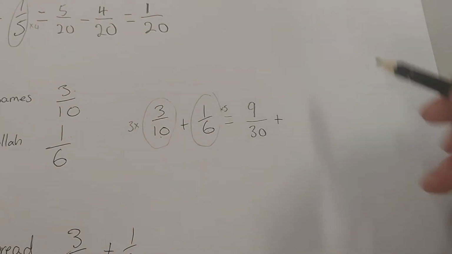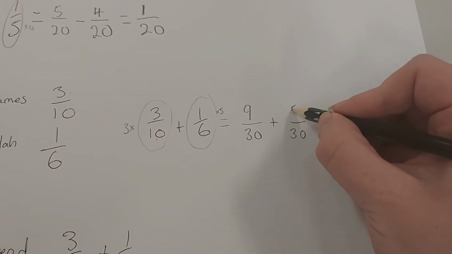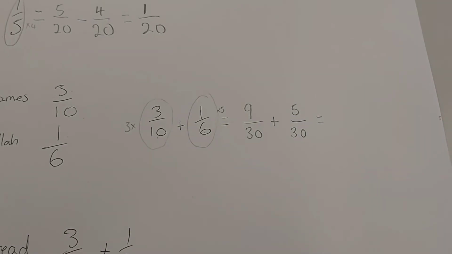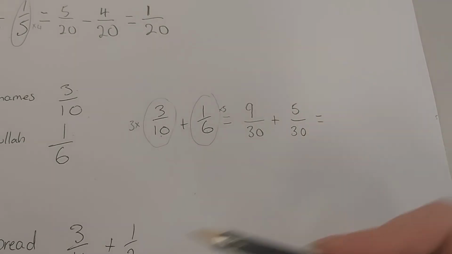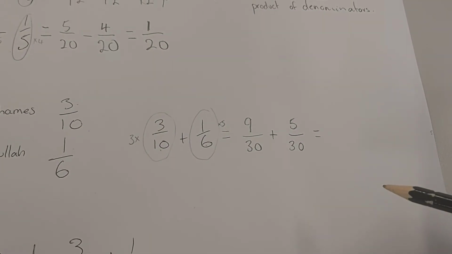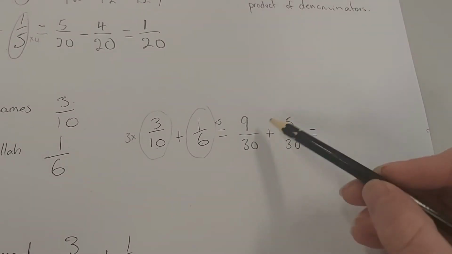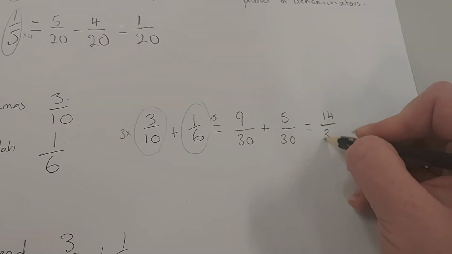So 6 times 5 gives me 30, and 1 times 5 gives me 5. Now, this is a much easier sum to do. Obviously, if you'd done that as being over 60, you would have ended up with a larger number that you would just have to cancel down later. That's totally fine. So if we add 9 and 5 together, we get 14 over 30.